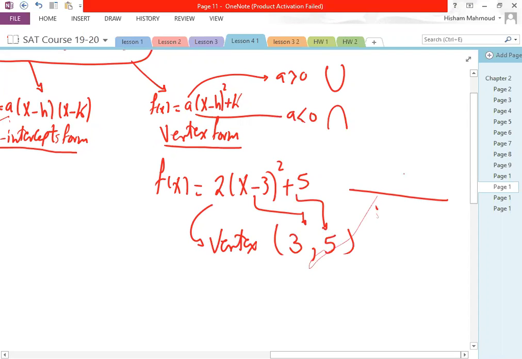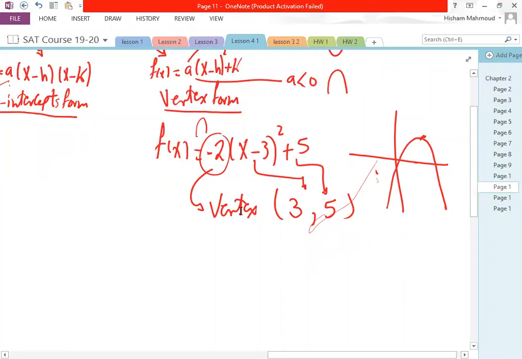So the vertex is 3 and 5. The coefficient is negative, so the parabola is looking down. So what do we call this one? We call this one the vertex form. Why? Because it gives me directly the vertex.